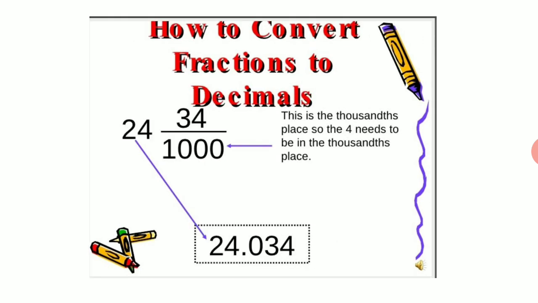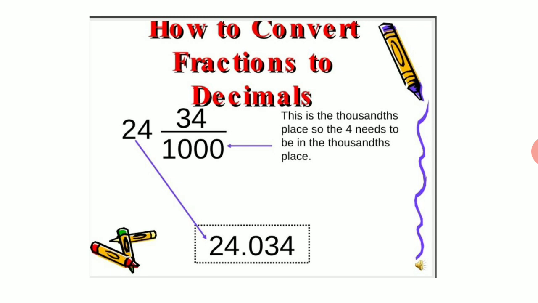Now, children, what happens if we take the whole number as a double digit number having tens and ones? Suppose 24, and the fractional part is 34 by 1000. So here, because it is divided by 1000, 4 comes to the thousandths place, 3 is already there in the hundredths place, but we have nothing in the tenths place.